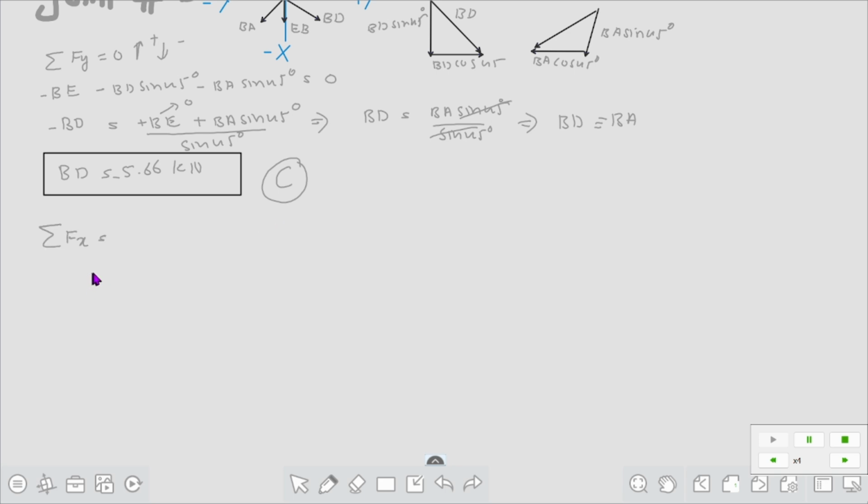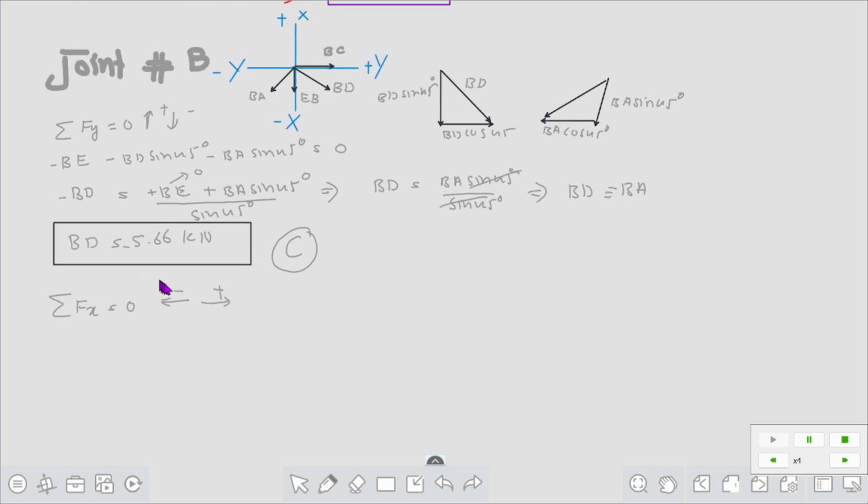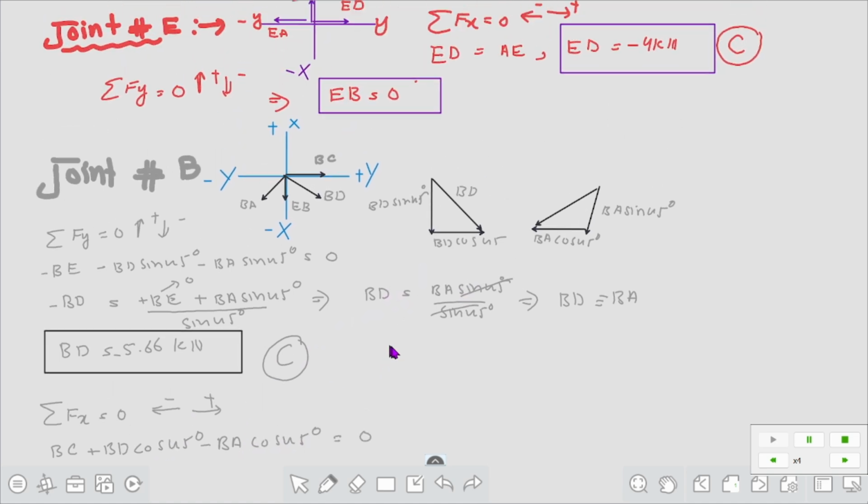So summation of all horizontal forces equal to 0. The force directed left will be taken as negative, the force directed right will be taken as positive. So BC is positive, sorry, BC is positive, BD is positive and BA is negative, cos of 45 degree.